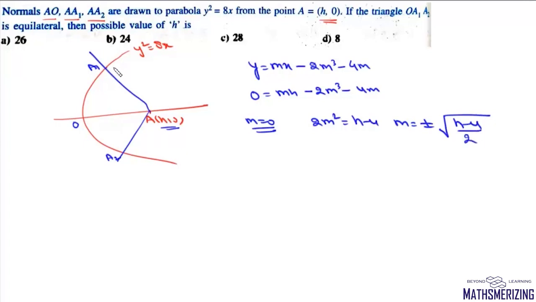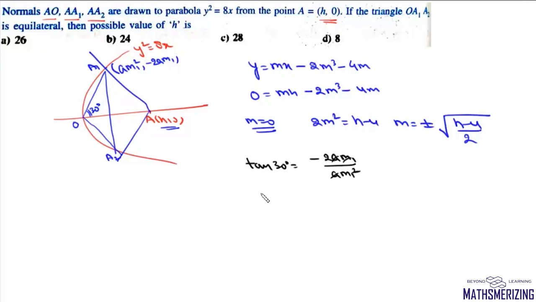Now we know that for any normal, the foot of normal is am square, minus 2am. Now it also says this triangle OA1A2 is an equilateral triangle. So we can write this as tan 30 equals y2 minus y1 upon x2 minus x1. So it will be minus 2am1 upon am1 square.